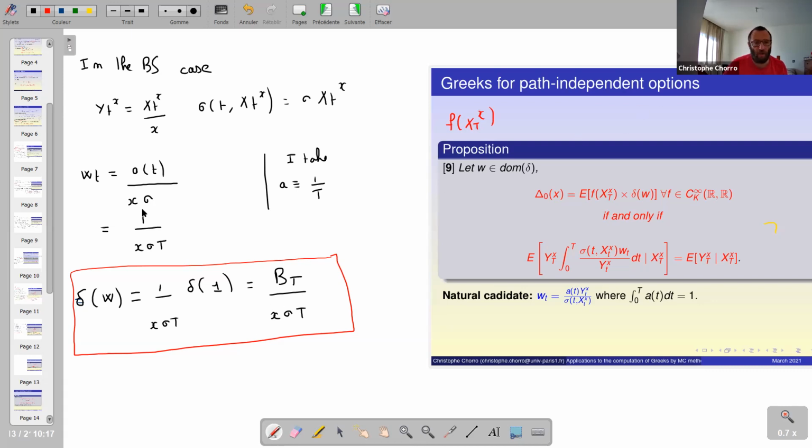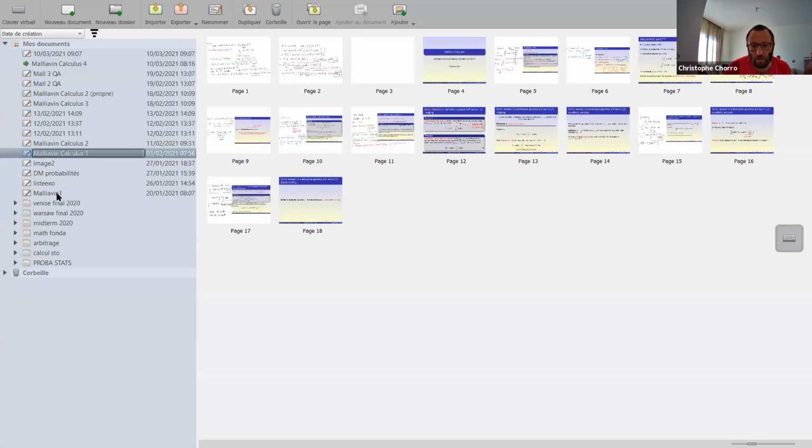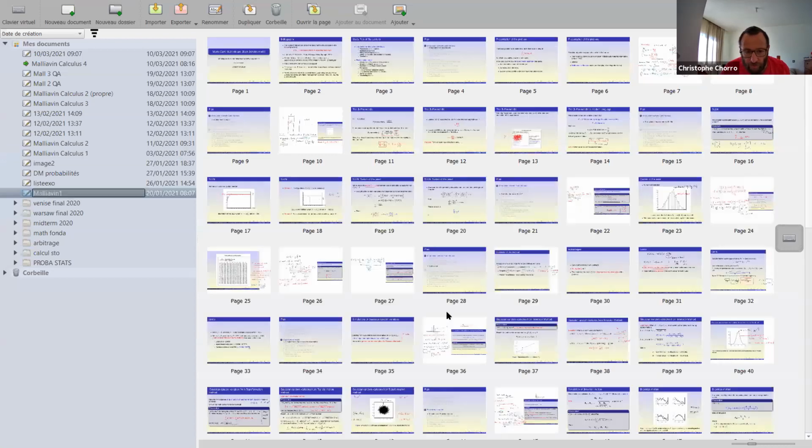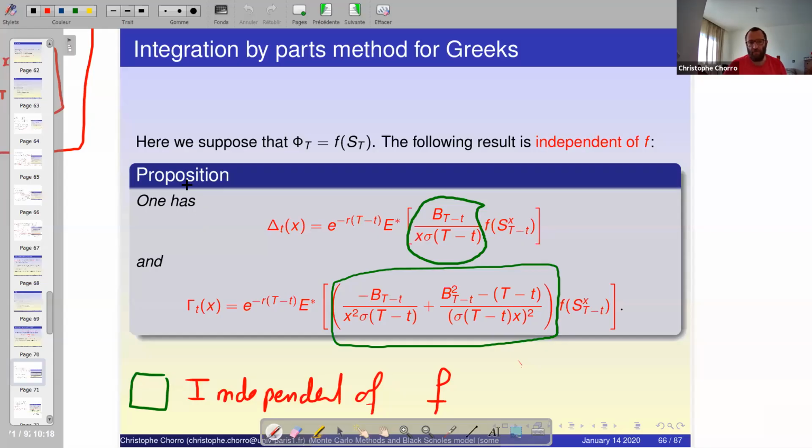And come back to what I have proved in a proposition that I have proved during the first sessions. So where am I, excuse me, let me find it. This one, yeah. So in the proposition that I have proved in the first session, the delta in the case of such a payoff was given by this expression.